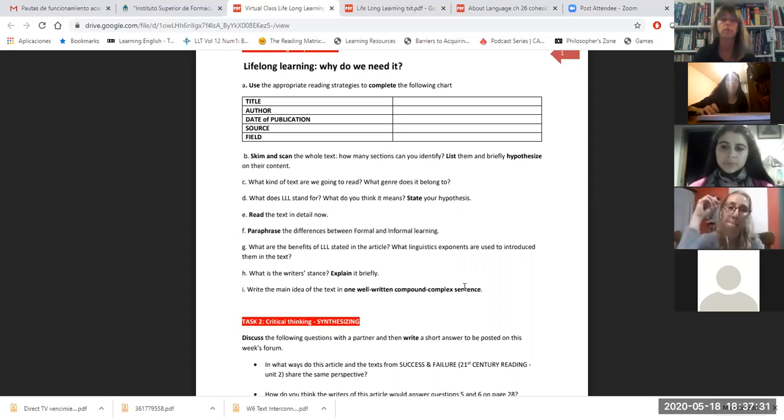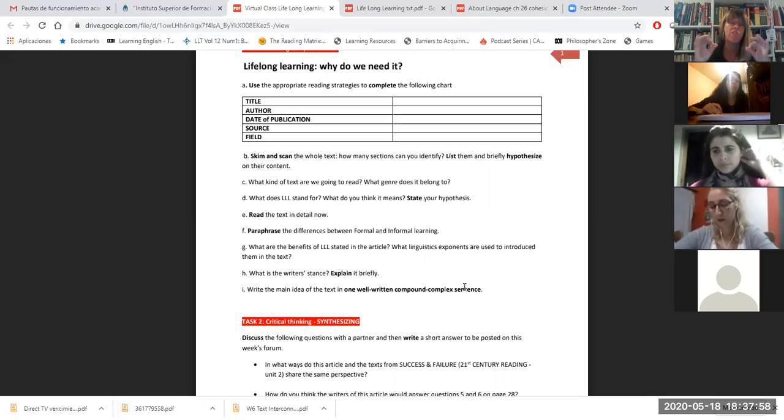I thought first in Fundamentos, for example, what are the linguistic exponents that we need to describe a map of a house? Let's suppose that we are reading an article about architecture, and it's the description of a map of a house.